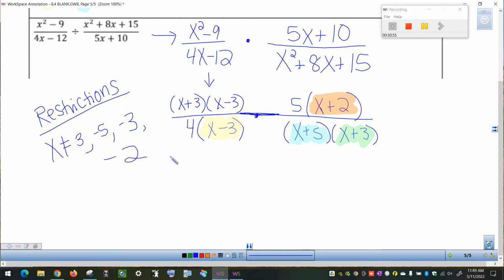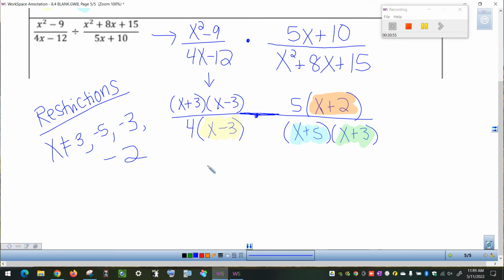I'm going to say x cannot be negative 2. This came from the 5x plus 10, and even though the 5x plus 10 is on the numerator, when we flipped it, the 5x plus 10 used to be on the denominator in the very original problem.